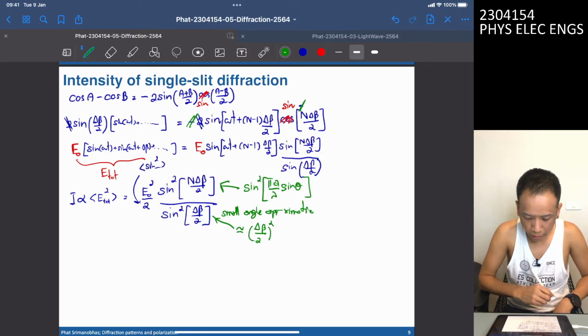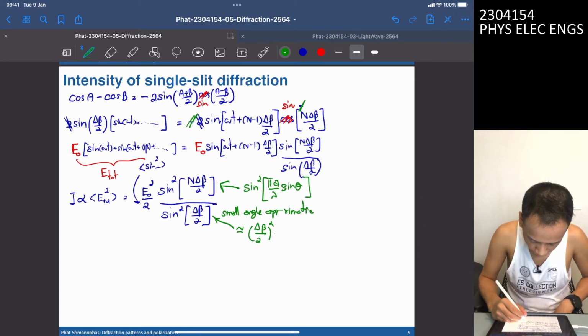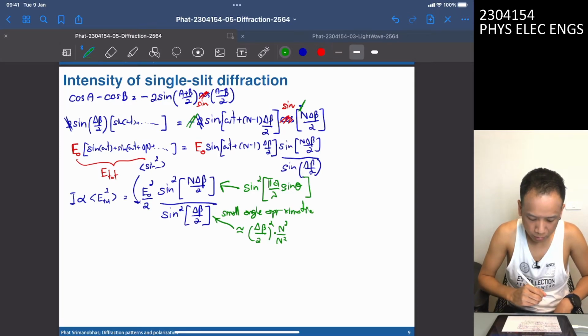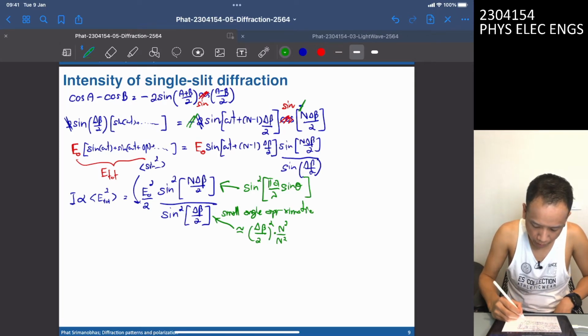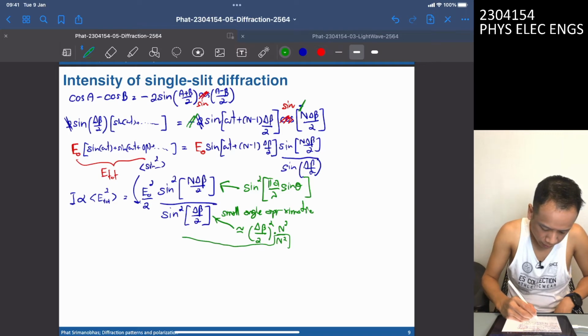Now what you can do is multiply it by n squared and divide by n squared. Then you can absorb the n squared term into this one.